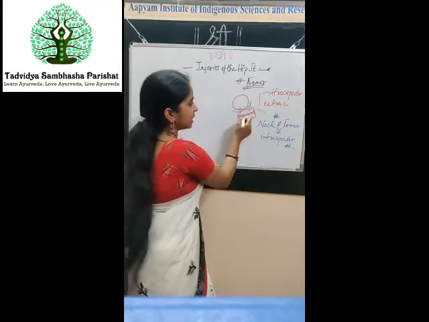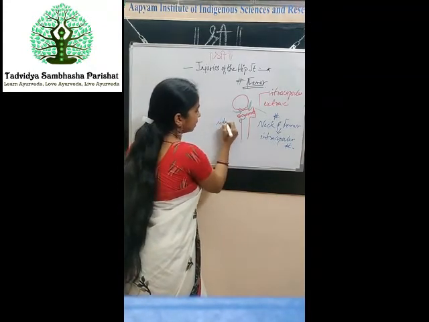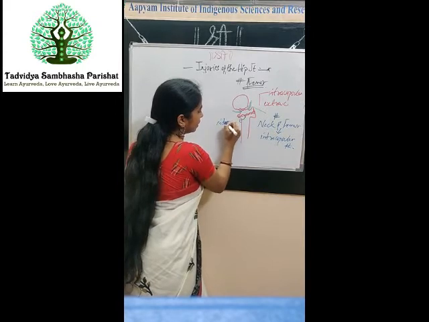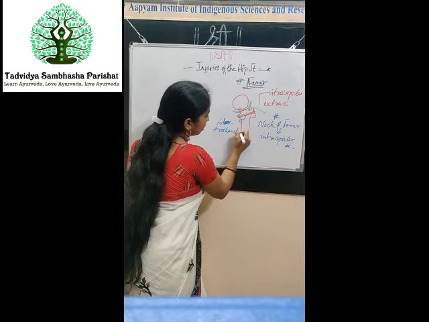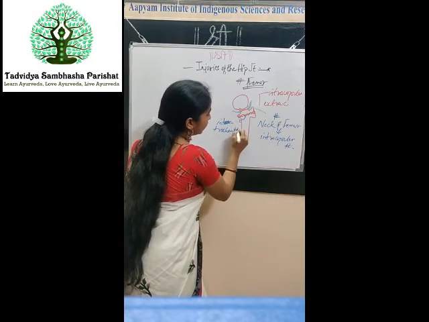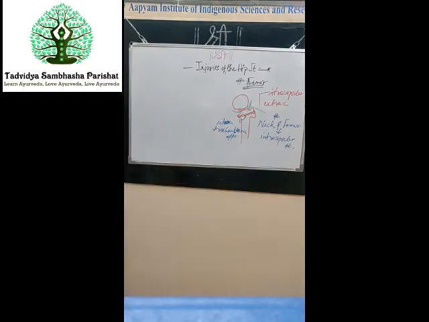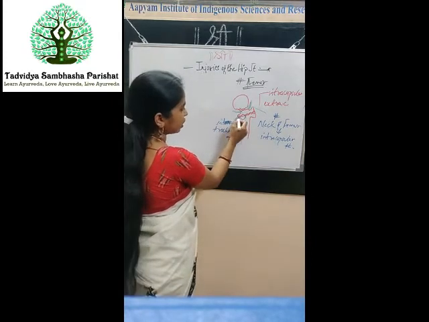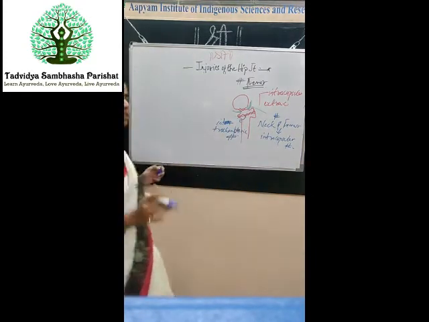When it is extracapsular, it is called an intertrochanteric fracture, because it runs between the two trochanters, that is the greater and the lesser trochanter. So this is very important.